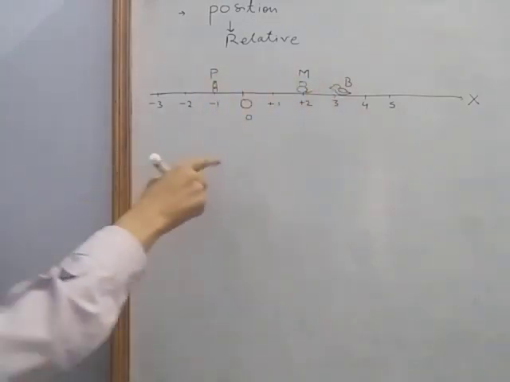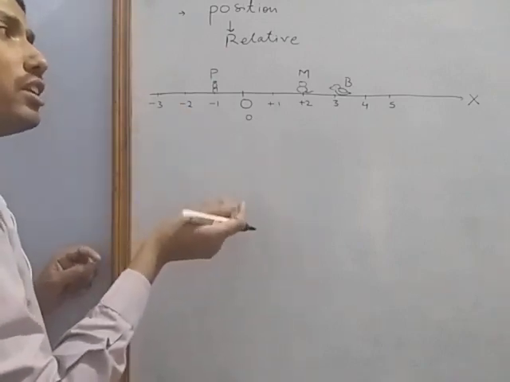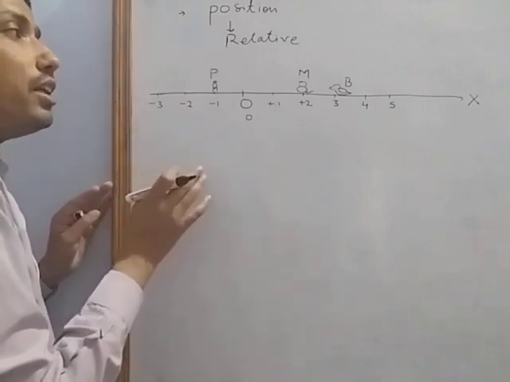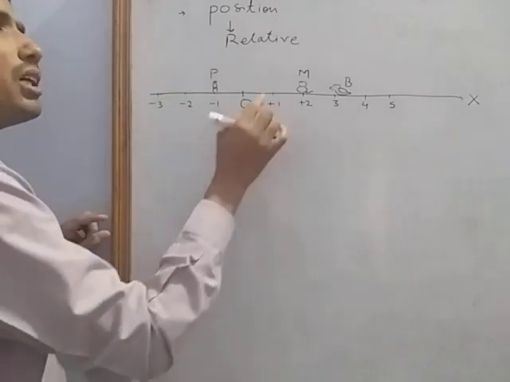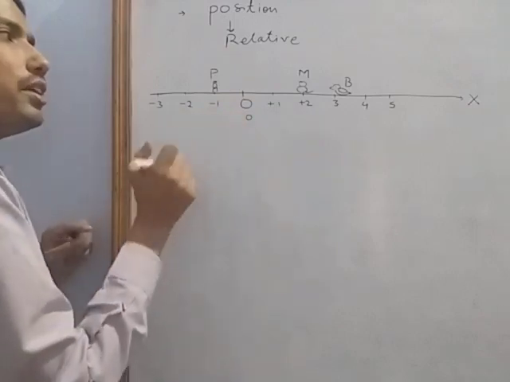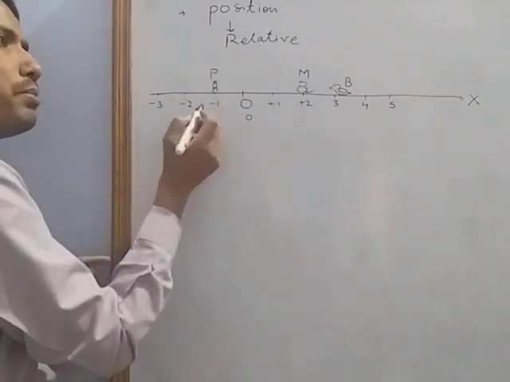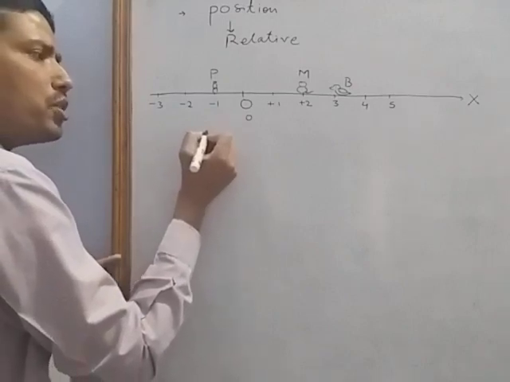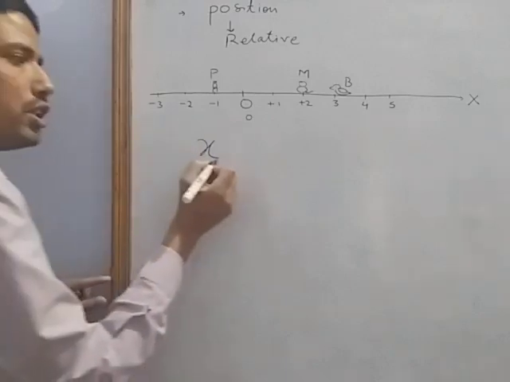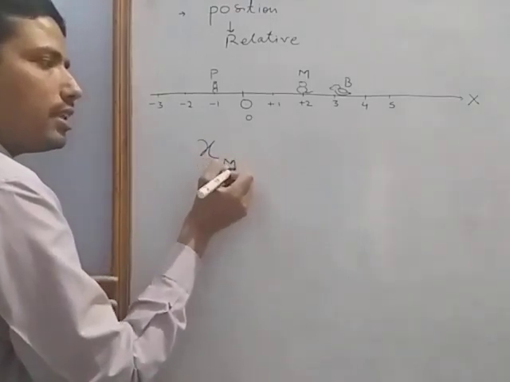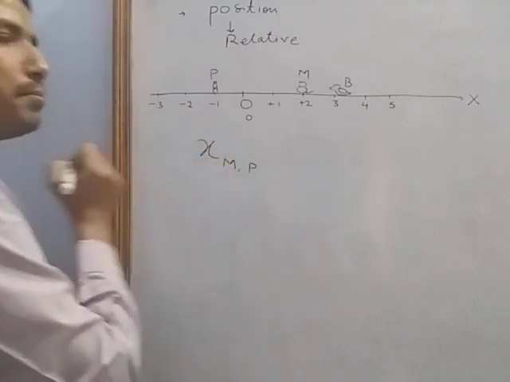If I ask you what is the position of this monkey, then before answering my question, you have to first ask me with respect to whom. Then the correct question becomes, what is the position of this monkey with respect to the person? So I'll write position as x, position of monkey as m, with respect to person as p.